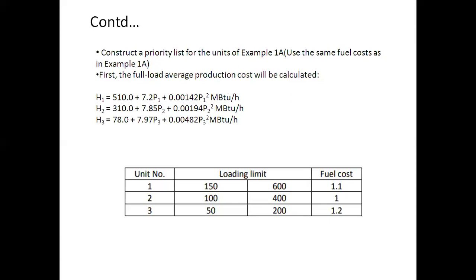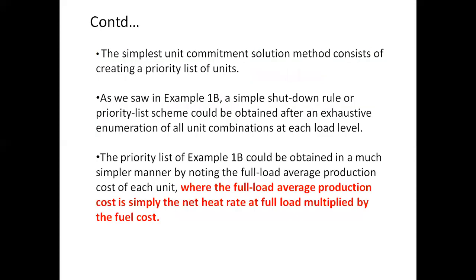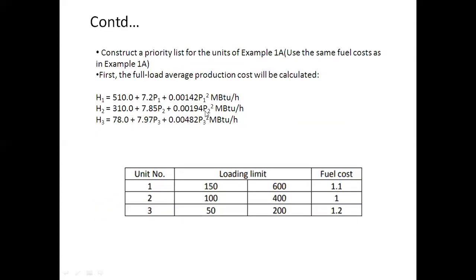So we have to find the full load average production cost. We have already seen that the full load average production cost is simply the net heat rate at full load multiplied by the fuel cost in each unit.